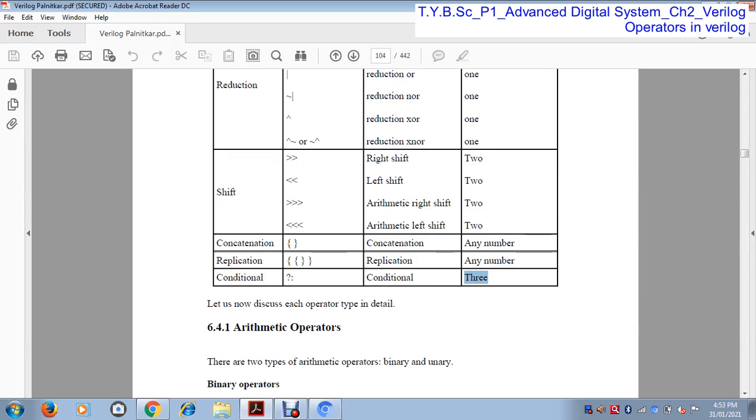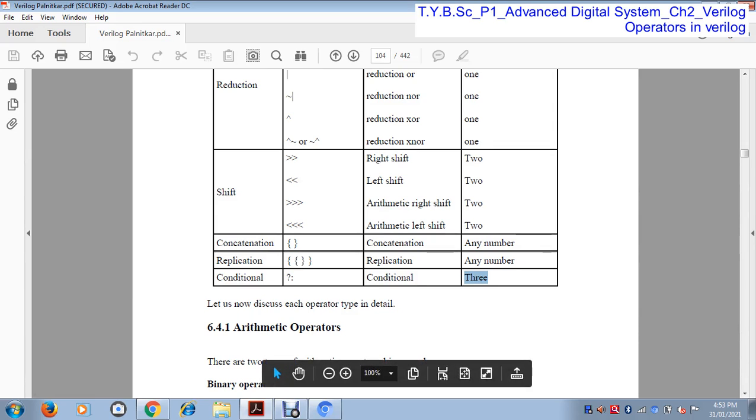Therefore this operator comes in the category of ternary operator. Unary operator has only one operand, binary operator has two operands, and ternary operator has three operands. So the conditional operator has three operands, therefore it comes in the category of ternary operator.